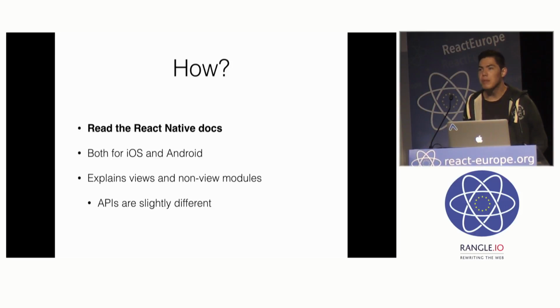The docs cover both platforms, so if you have an Android and an iOS app, you should be good there. The APIs for both platforms, however, are slightly different, and the APIs for view managers and non-view modules are also different, so be sure to read the docs carefully.